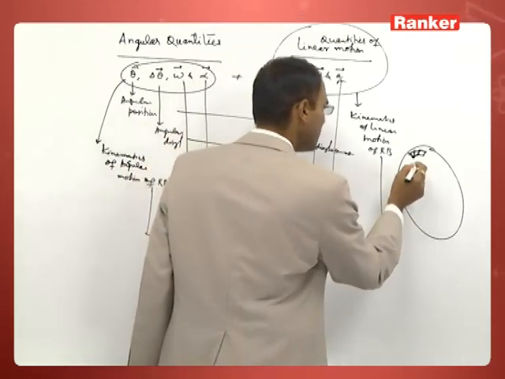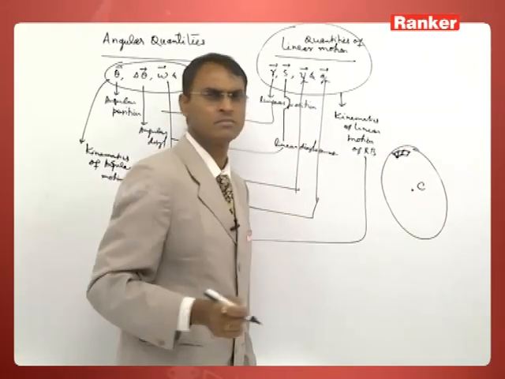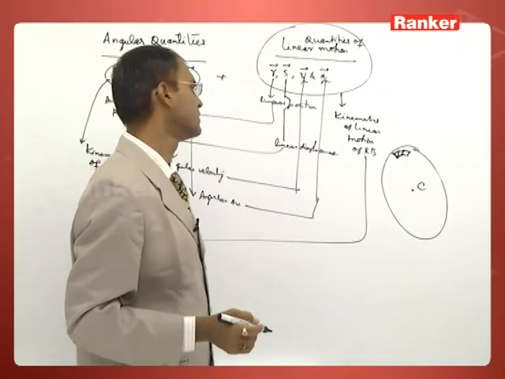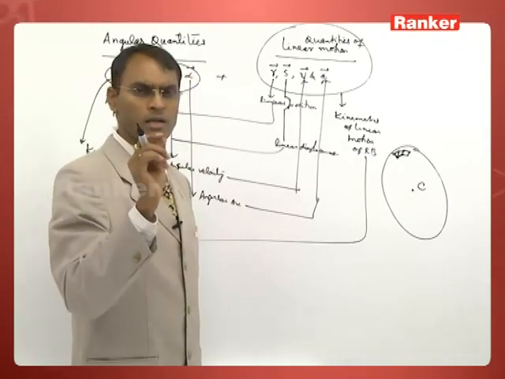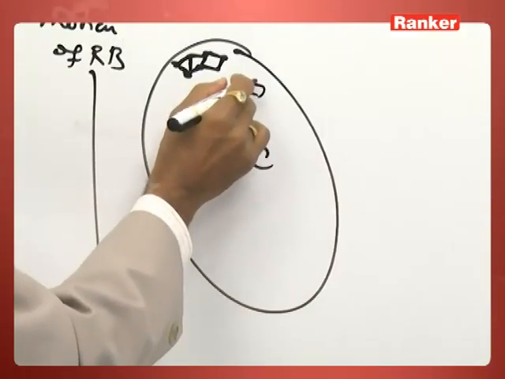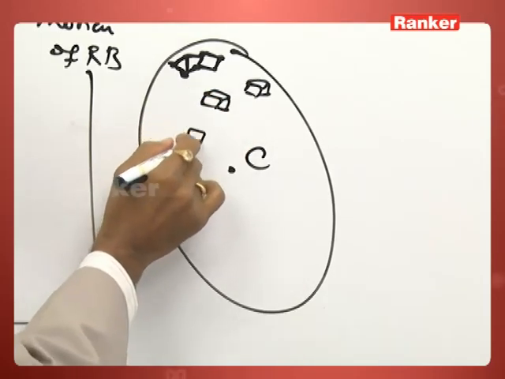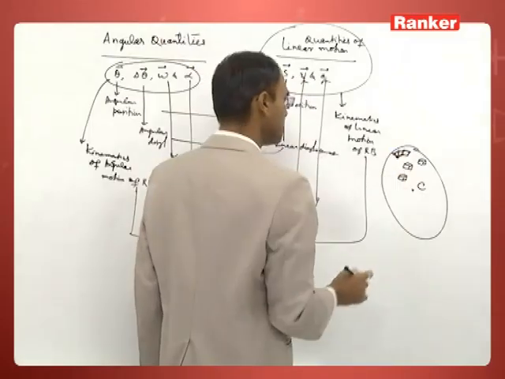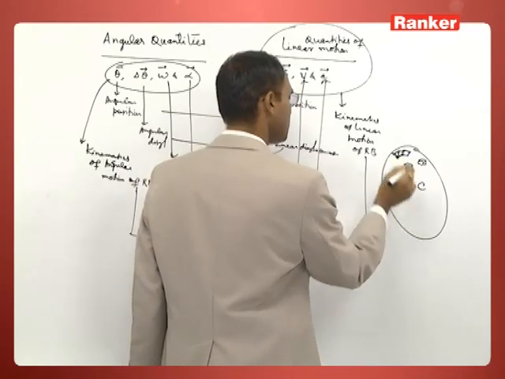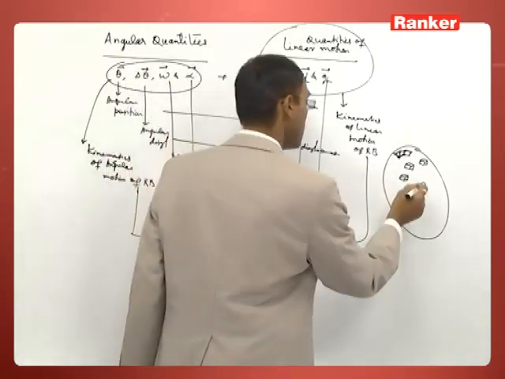When you consider the center of mass of the system of particles, either you can take each atom or each molecule as a particle, or you can take a small element or elementary segment of this rigid body as a particle. This will be the center of mass of the system of particles, or the center of mass of the rigid body.